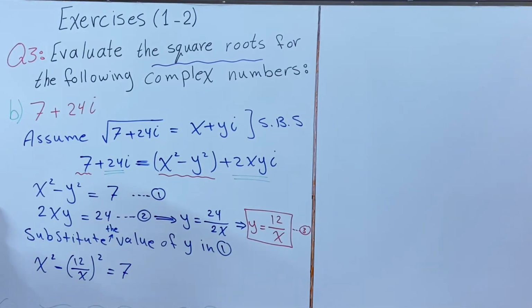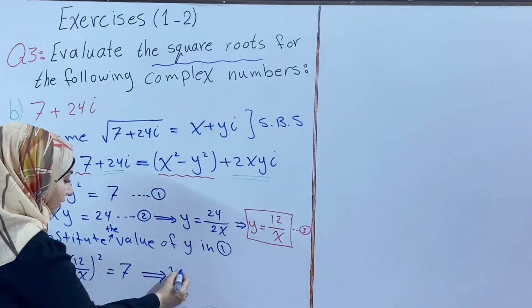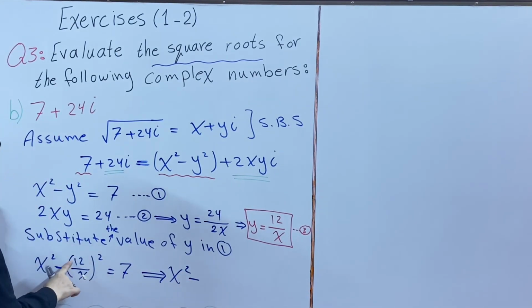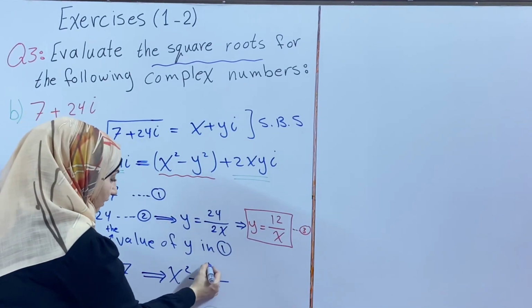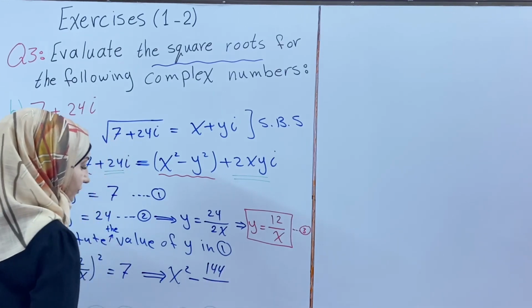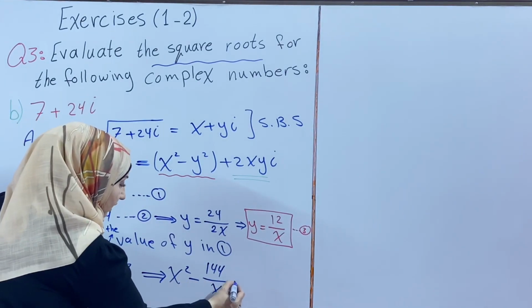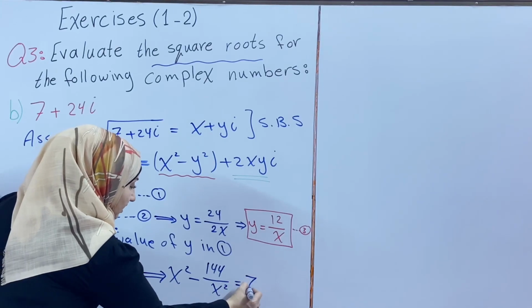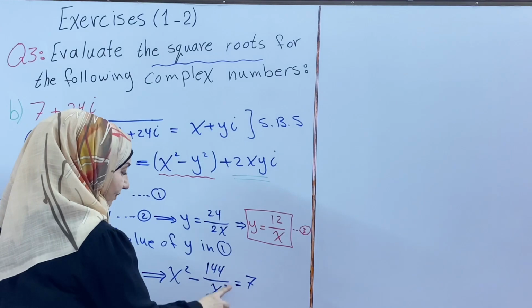And now we will simplify. So that means x squared minus 12 squared, which is 144 on x squared, equals 7. And now I want to get rid of this fraction.